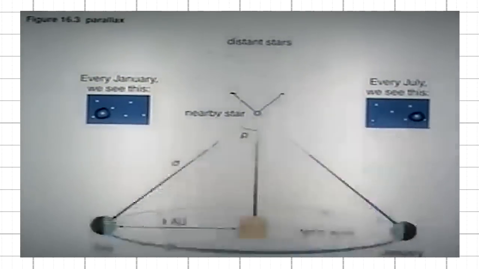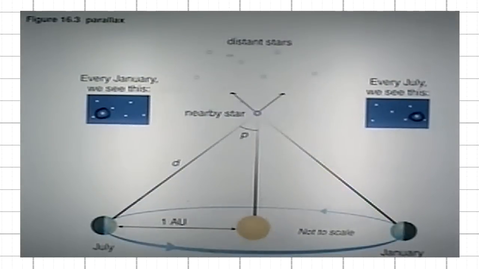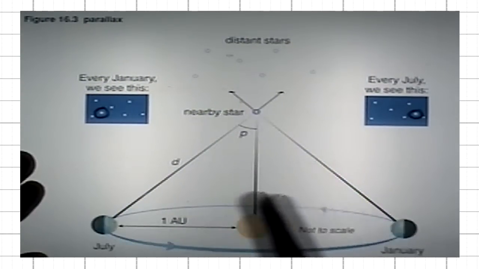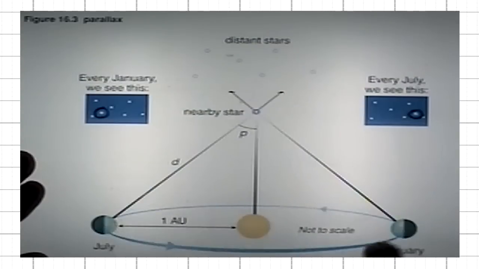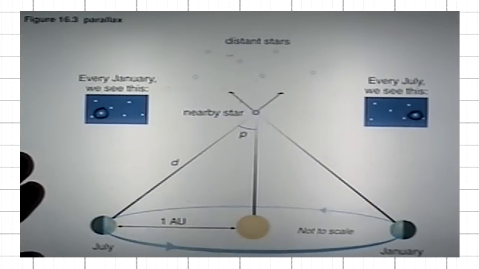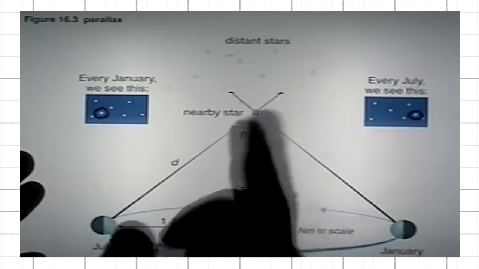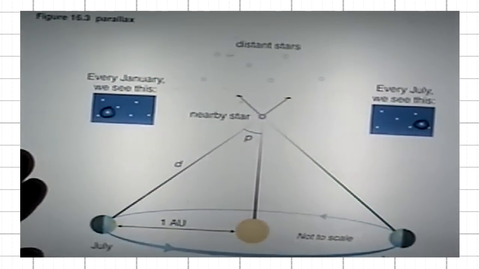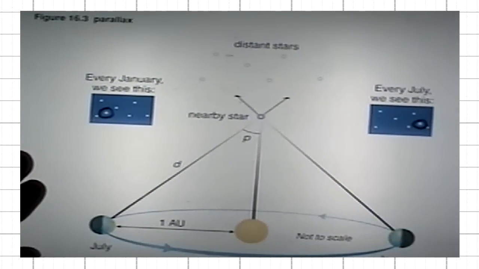So nothing like that was observed, argued Aristotle and others who supported his geocentric view. As a result, this idea that the Earth is revolving around the Sun cannot be correct, because if it was correct, then we would indeed see this apparent change in the position of the star relative to the background.